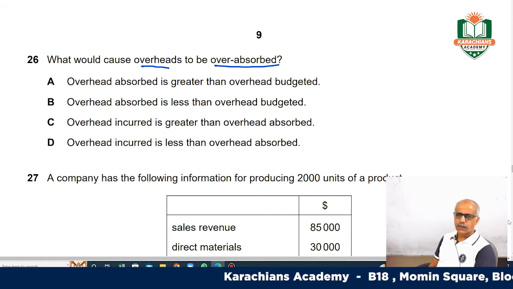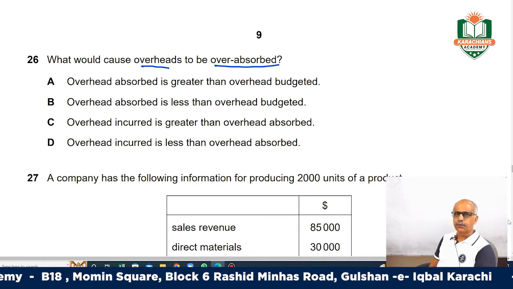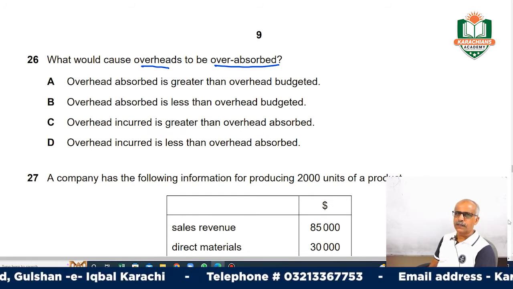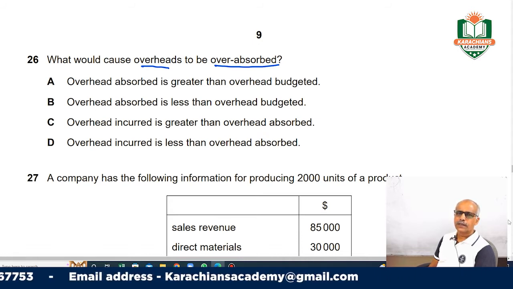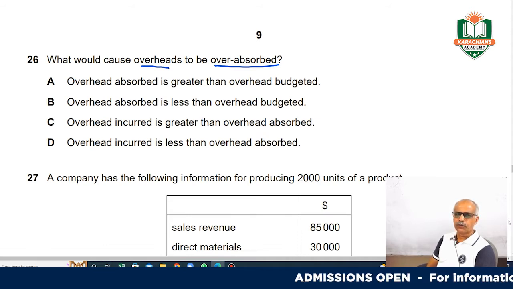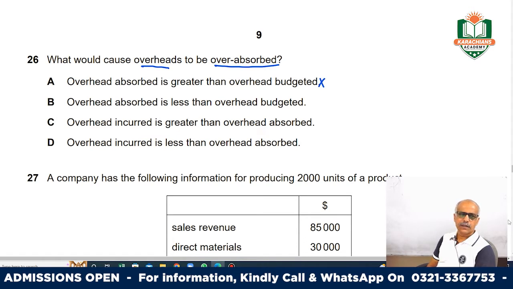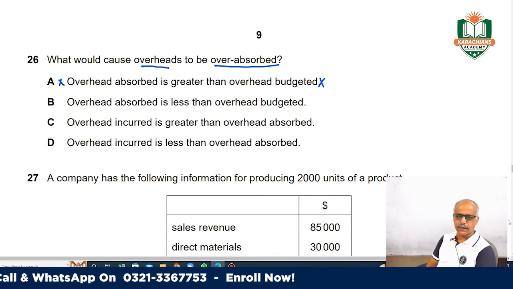No. Over absorption means, being prudent, you have overestimated your fixed overhead expenses and charged them to the product, and you claim that from the customers, which means you are getting more from customers than your actuals. This is over absorption. So option A is not correct.